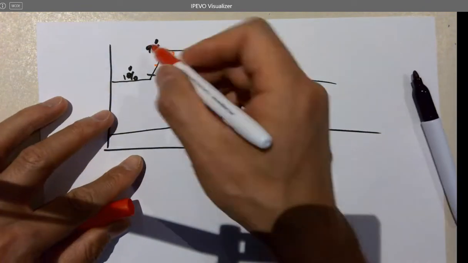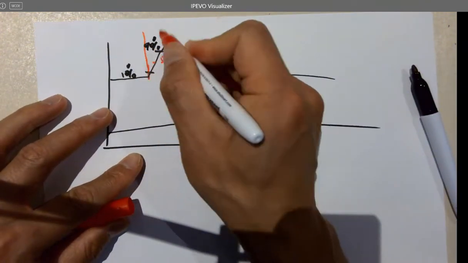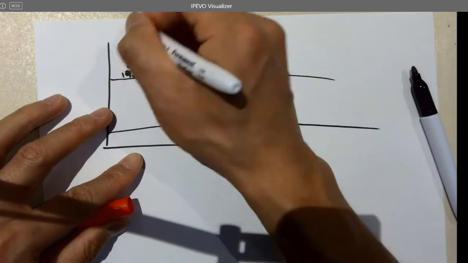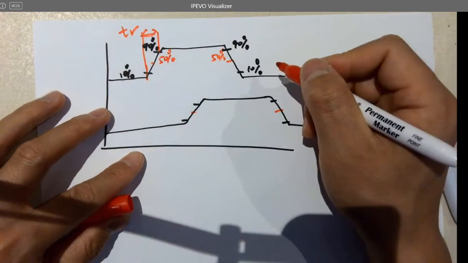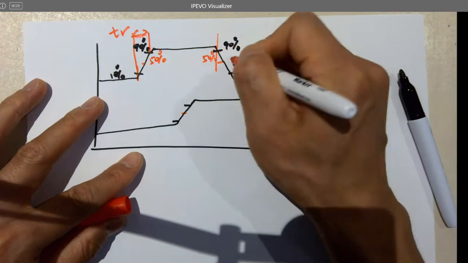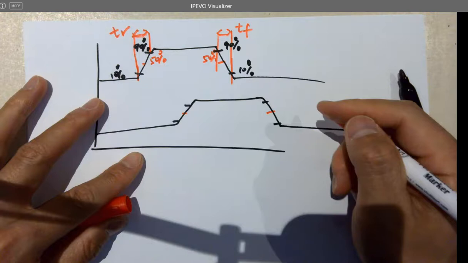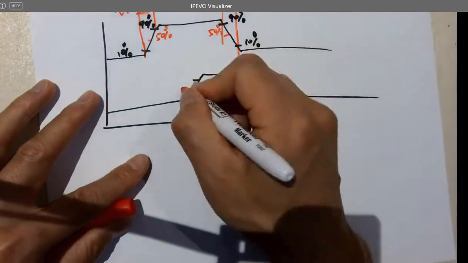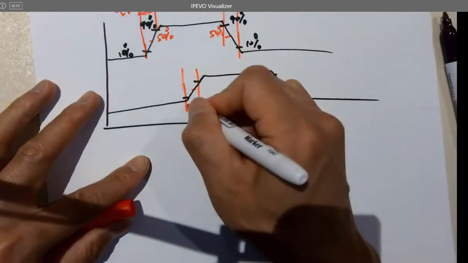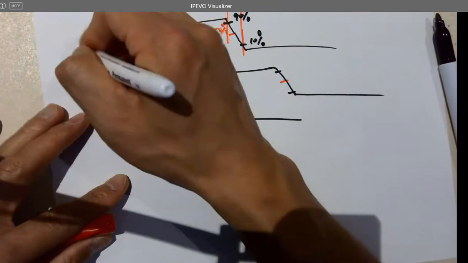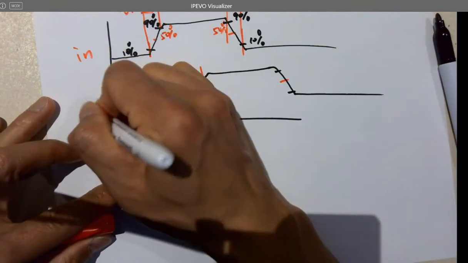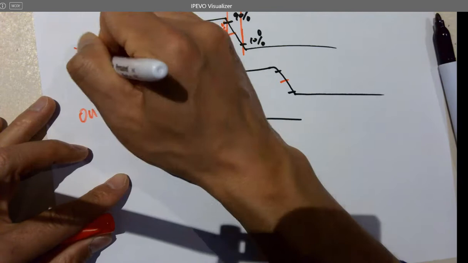And here are the definitions. From here to here, it's called TR, T rise. From here to here, it's called T fall. From here to here, so that's input, that's output.